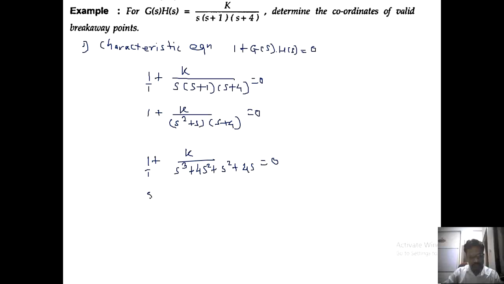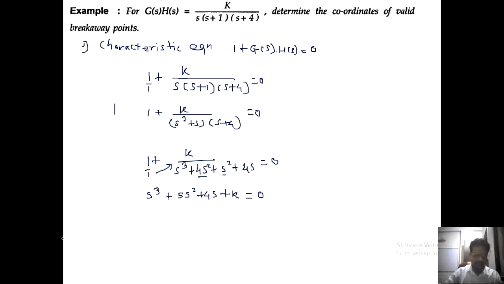So we get s cube plus 5s square, that is 4s square plus s square, plus 4s plus k equal to 0. The denominator gets multiplied with 0, so you get s cube plus 5s square plus 4s plus k equal to 0. So this is step number 1.